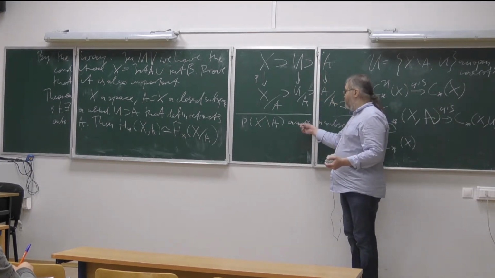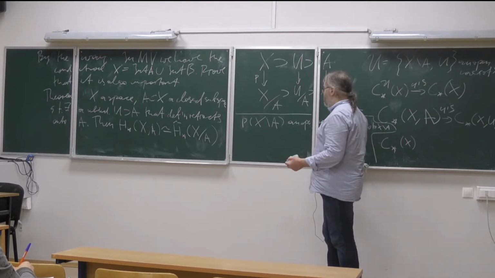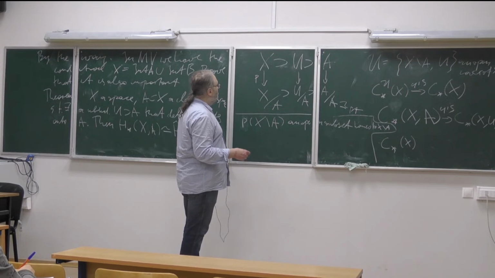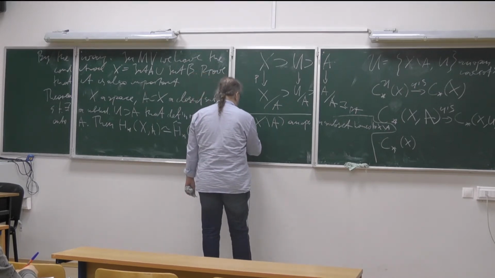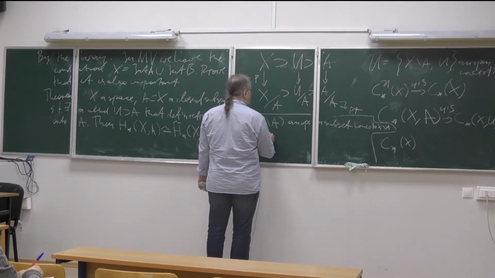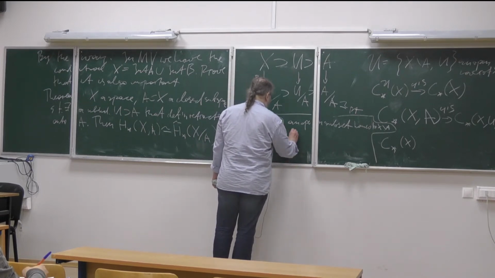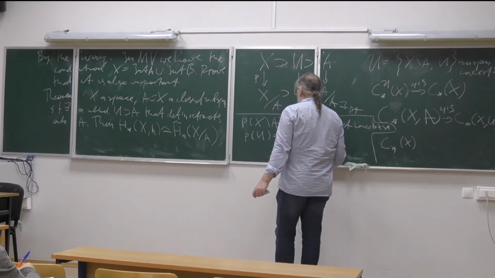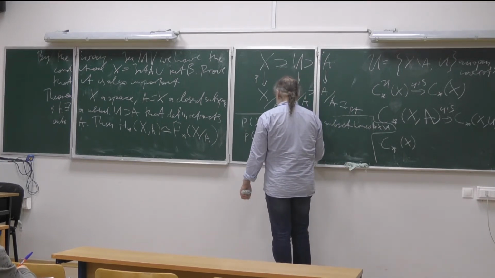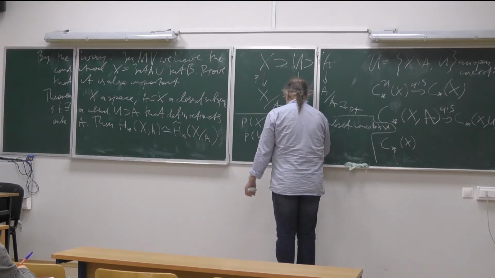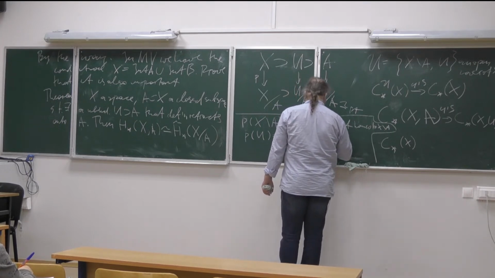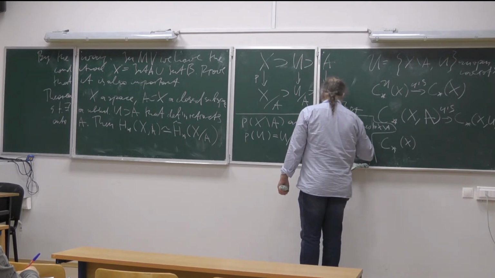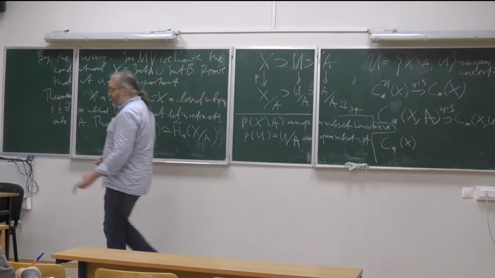P of X minus A is an open subset of the quotient space, and this open subset in fact is homeomorphic to X minus A. P of U is simply U mod A, which is an open subset that is homotopy equivalent to a point.